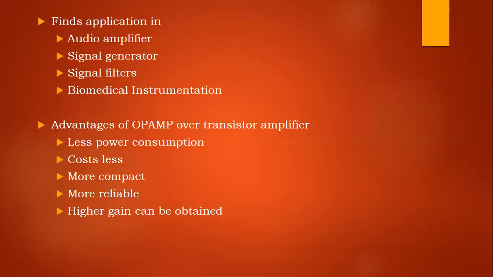They use relatively low DC supply voltages, and they are reliable and inexpensive. They are more compact, and the amplifier gain is very high. Higher gain can be obtained by using an op-amp. So these are some advantages of the op-amp, and it is easy to design.